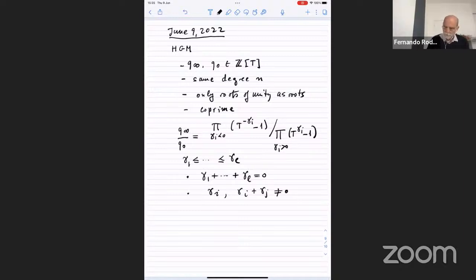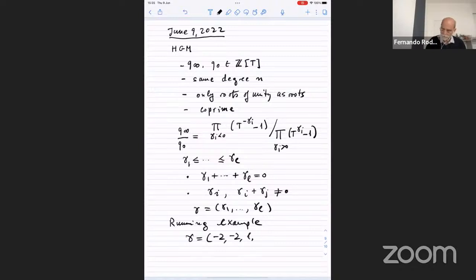And we'll typically write gamma as a string of these numbers. So the running example, the Legendre family, in this format consists of this vector. Okay, so this is the starting point.